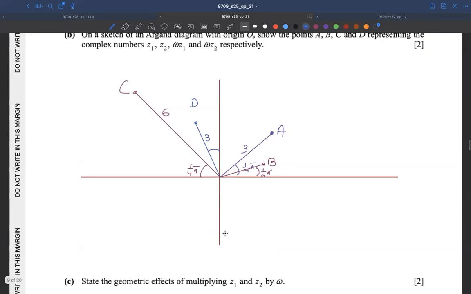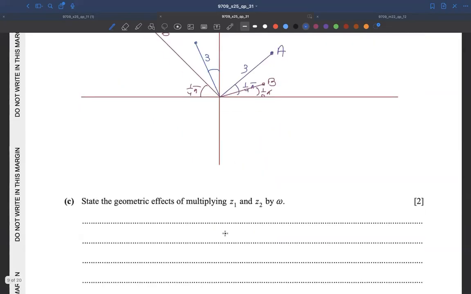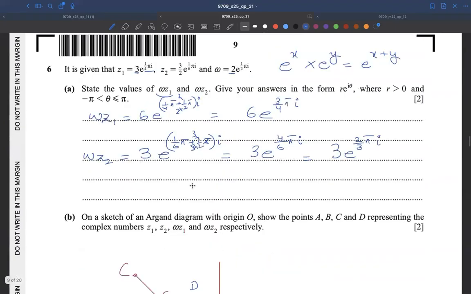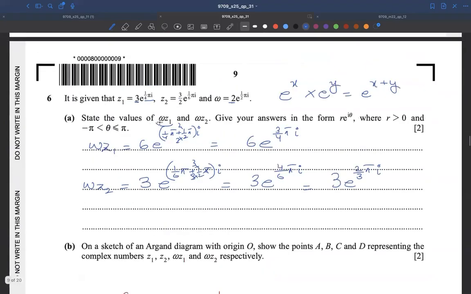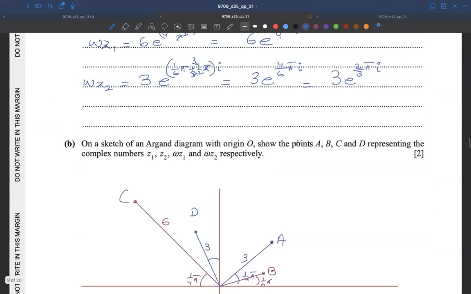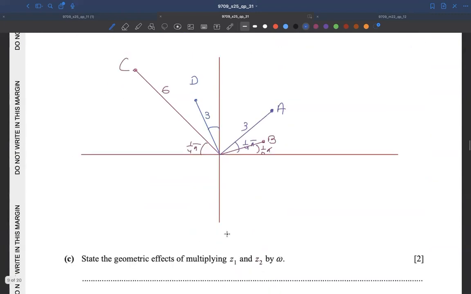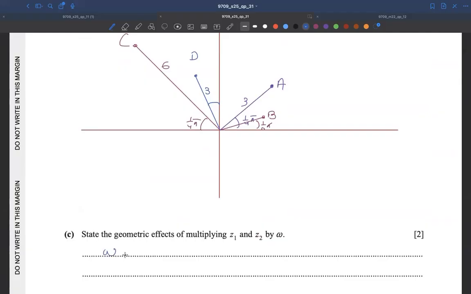Now it says state the geometric effects of multiplying z1 and z2 by omega. Now one effect we can see directly is that when we multiply omega by z1, we added the angle π/2, which is basically 90 degrees. So let's say when we multiplied omega by z1, this was z1 over here.